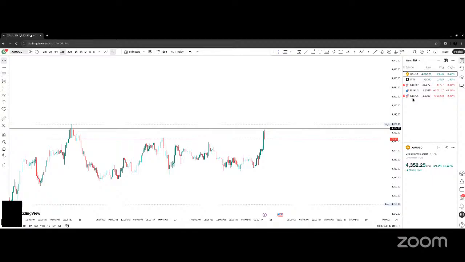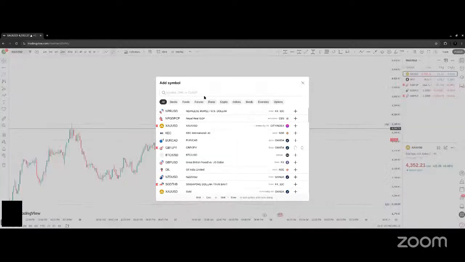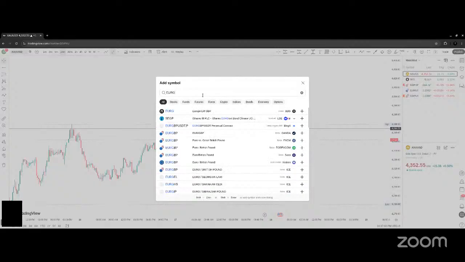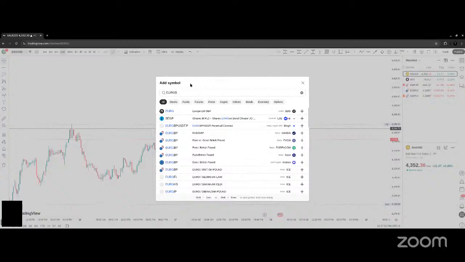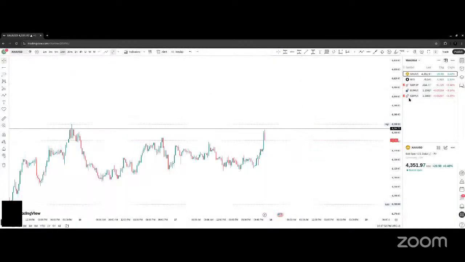Sunday will be GU and EG, Euro GBP. GU is GBP USD. So 4 pairs in total.